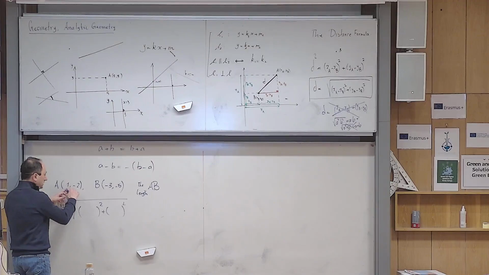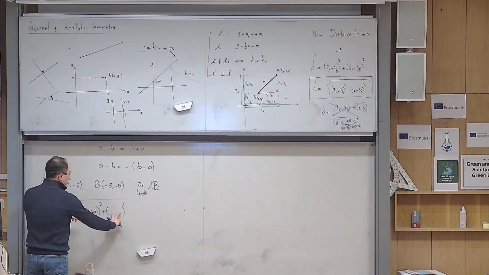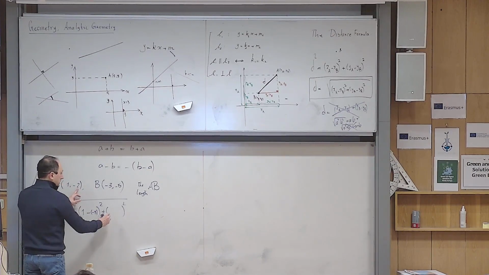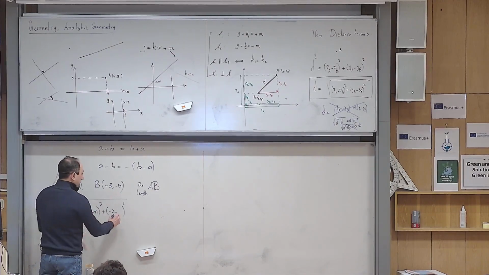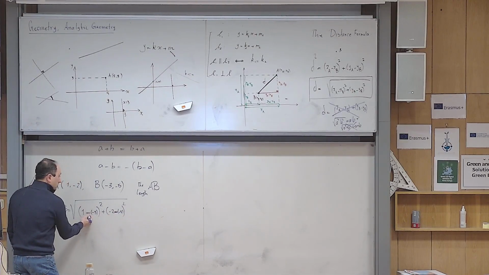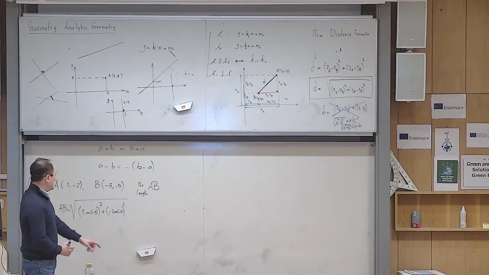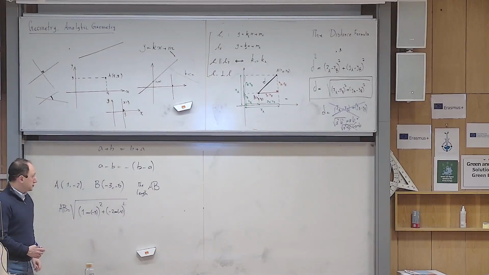The x coordinate here is 1 minus, the x coordinate here is minus 3 itself. Be careful. And the difference between y coordinates, the y coordinate here is minus 2, minus the y coordinate here is itself negative. So these two minus signs that I am now emphasizing are from the formula. But these two minus signs are because these two are minus.